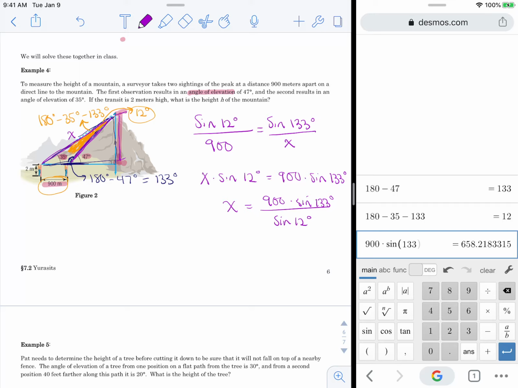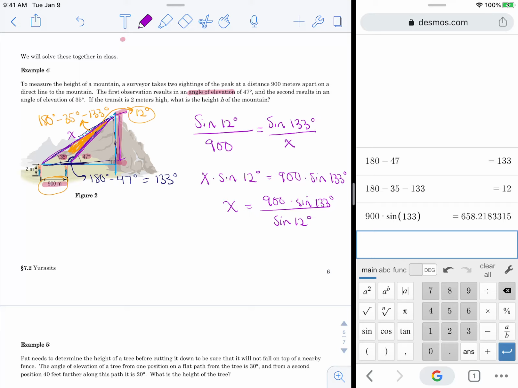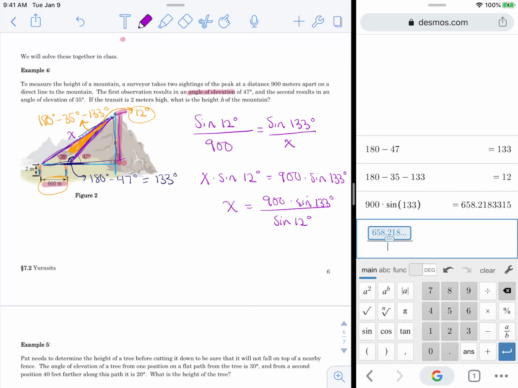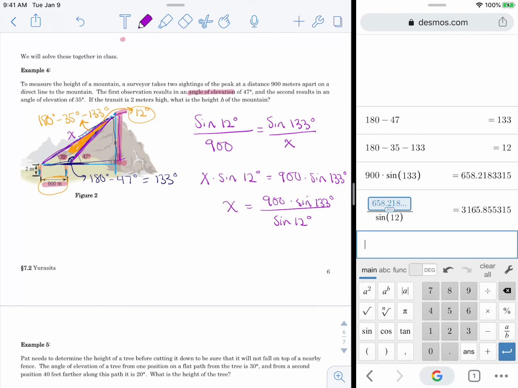And just to make this easier, I'm going to push enter, and then take the answer and divide it by sine of 12 degrees. So I get that my hypotenuse for the large triangle is 3,165.85 meters, because those are the units we're working in. But that's not giving me the height.